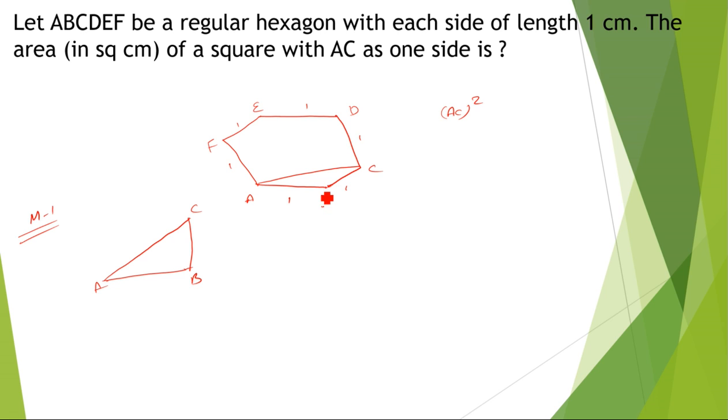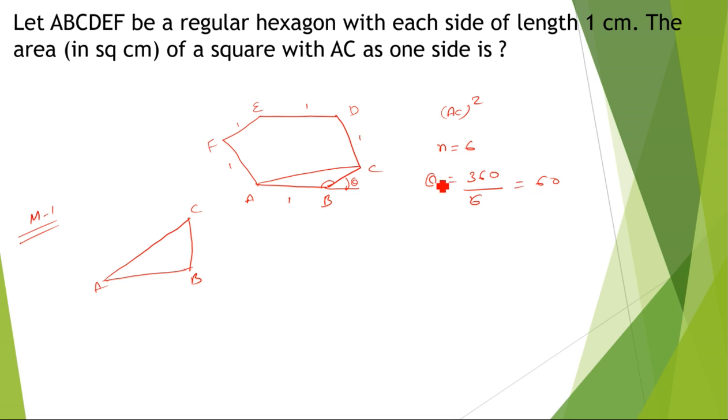So how to calculate this angle B? We know that n represents the number of sides of a polygon, which is equal to 6 since it is a hexagon. And we know that this exterior angle is called theta. It can be calculated as theta is equal to 360 by the number of sides n, which is 6.